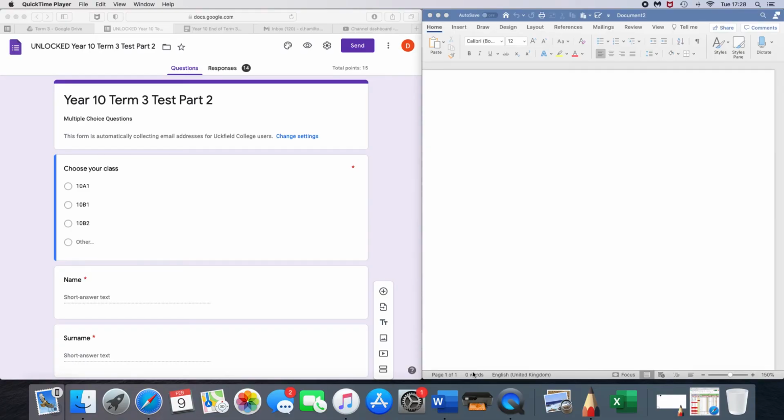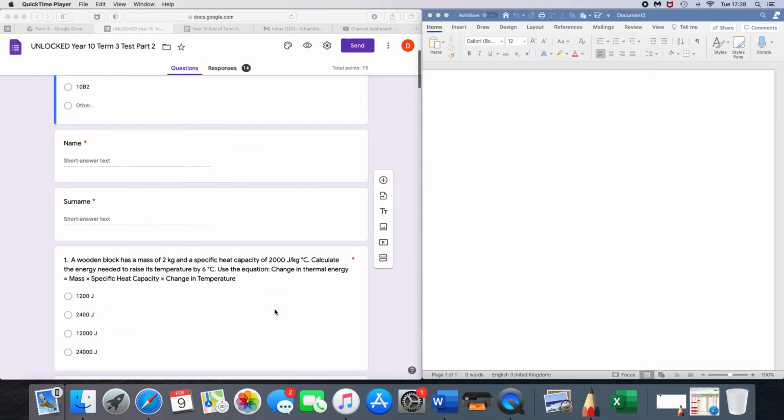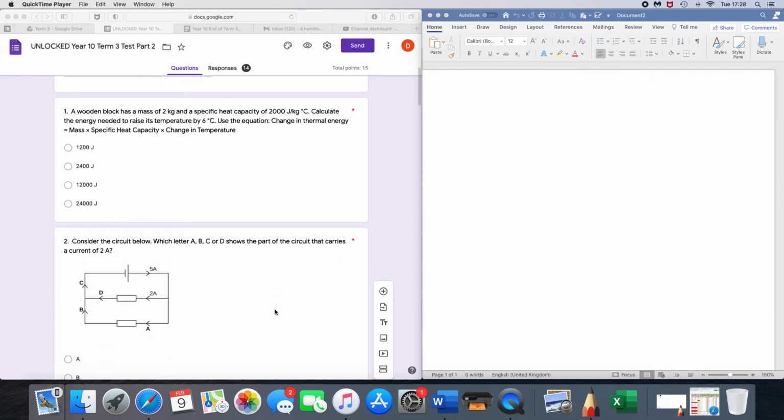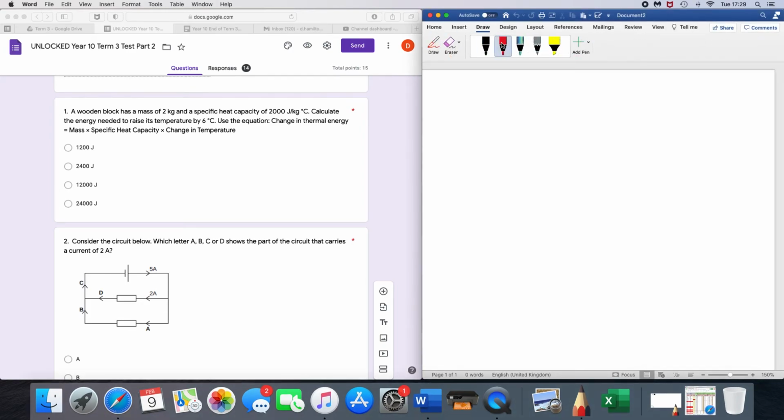Moving on then to the multiple choice questions. Question 1. A wooden block has a mass of 2 kilograms and a specific heat capacity of 2000 joules per kilogram degree C. Calculate the energy needed to raise its temperature by 6 degrees centigrade.